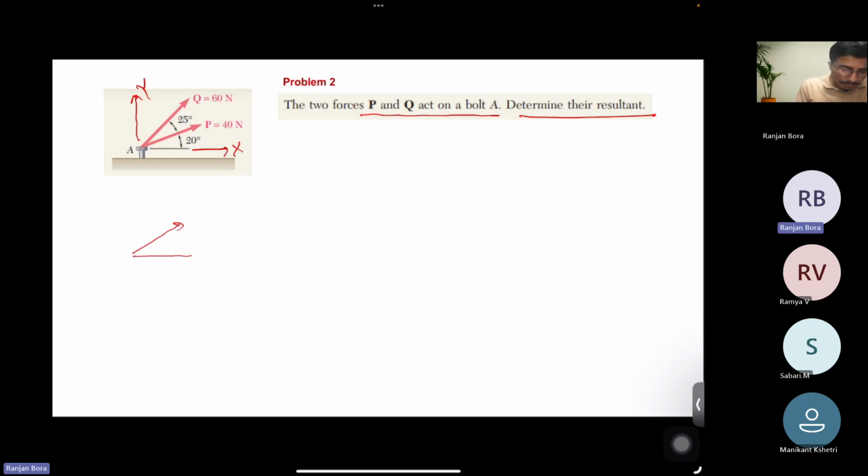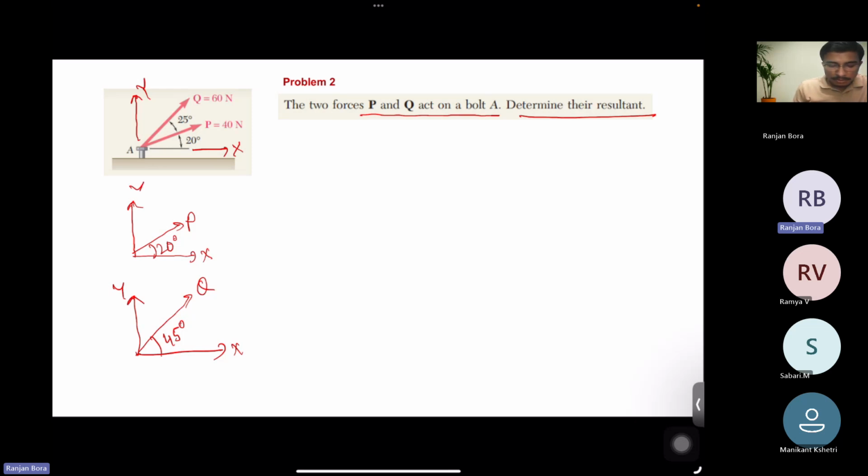This force is P, which is at an angle of 20 degrees, and force Q is at an angle of 45 degrees. So we need to find out the x components and y components of these two forces.